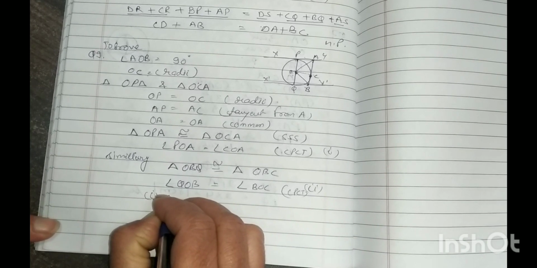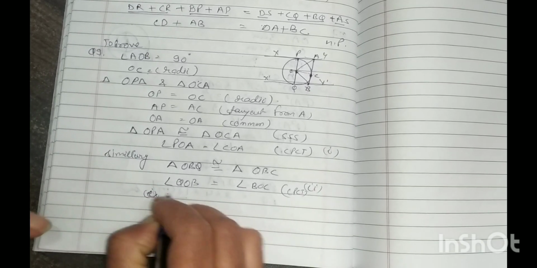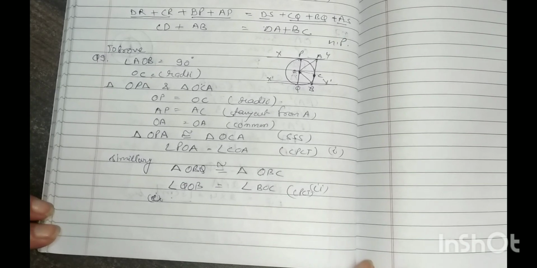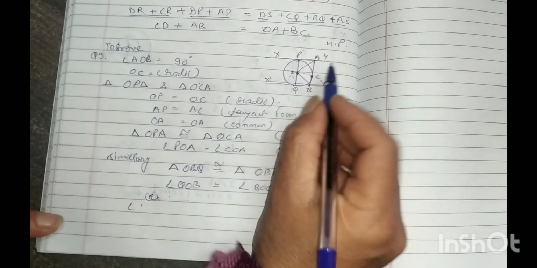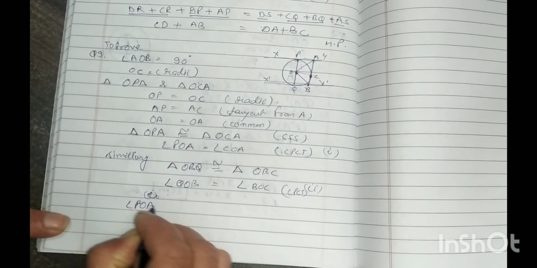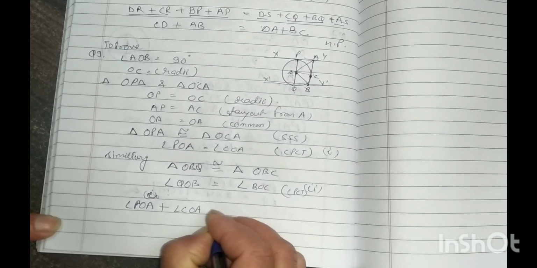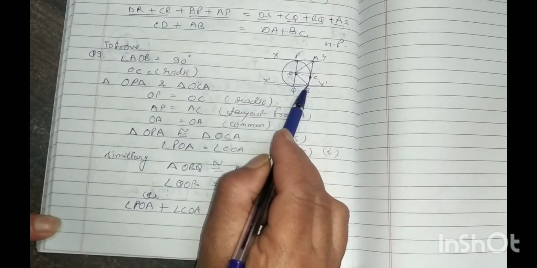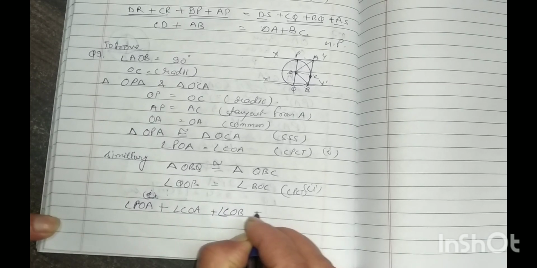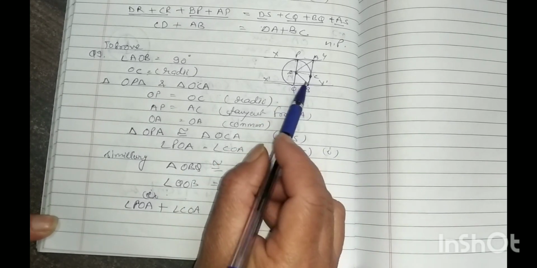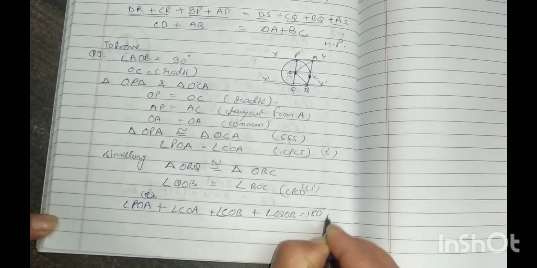Now from equation 1 and 2. Angle POA plus angle COA plus angle COB plus angle QOB equals 180 degree, linear pair.